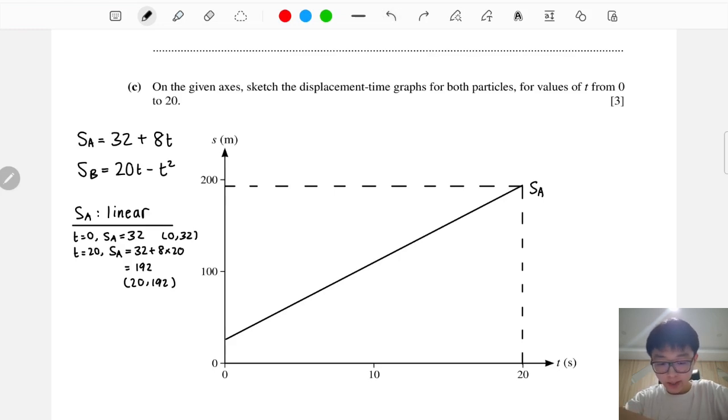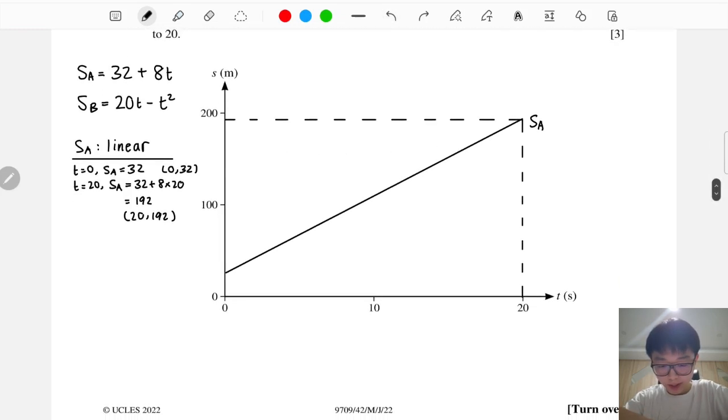Now for S_B, it's a little bit more complicated because S_B is a quadratic, right? So we have two things we need to consider when drawing a parabola, which are the turning point and the intercepts. First, calculating the turning point, we have to utilize the complete the square method.